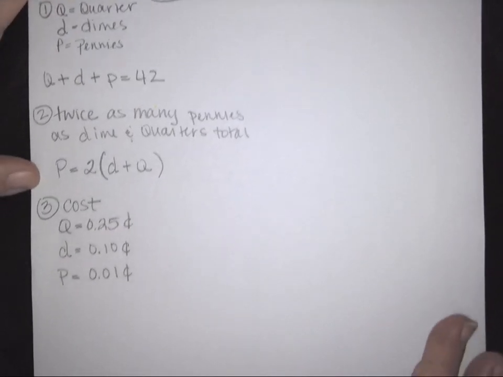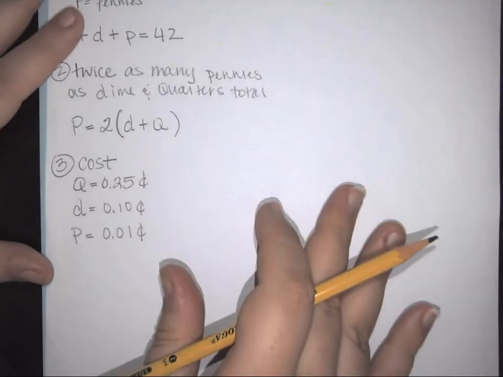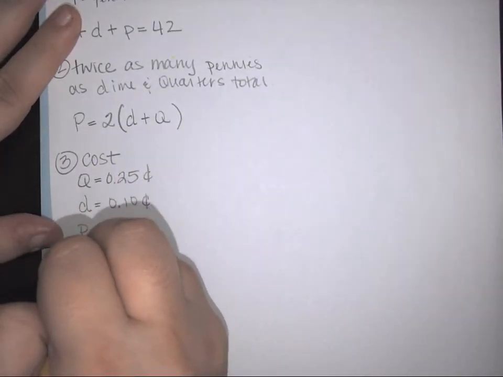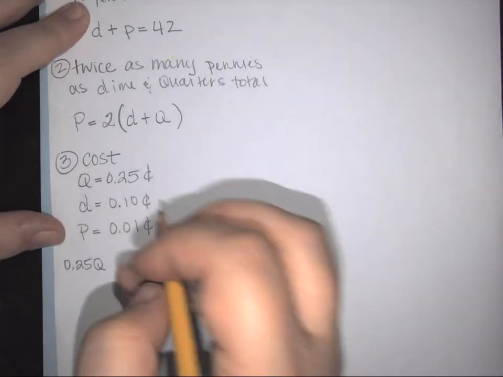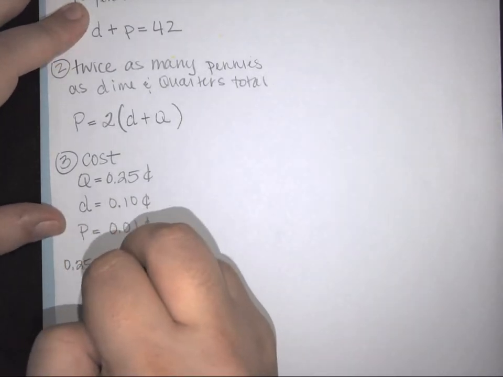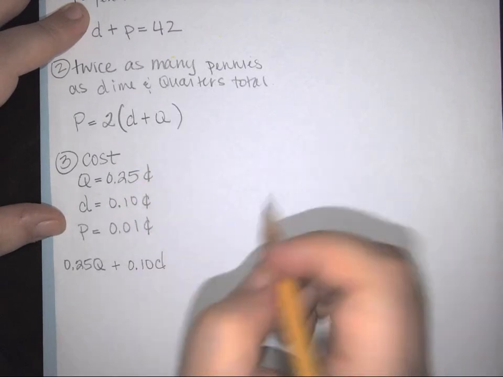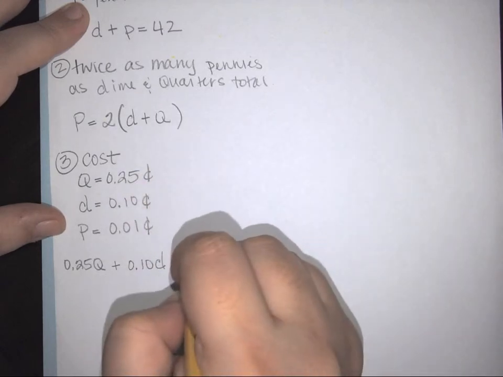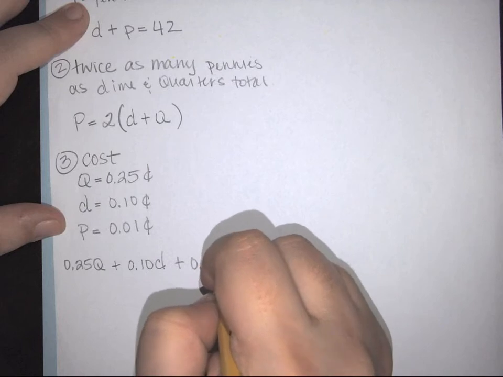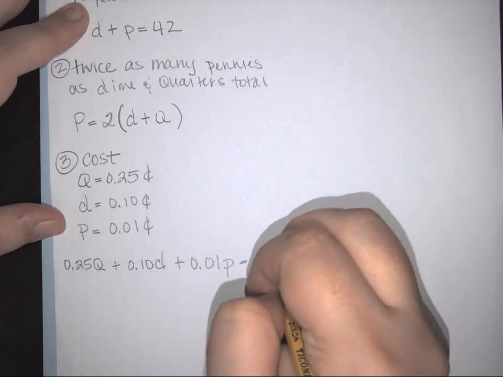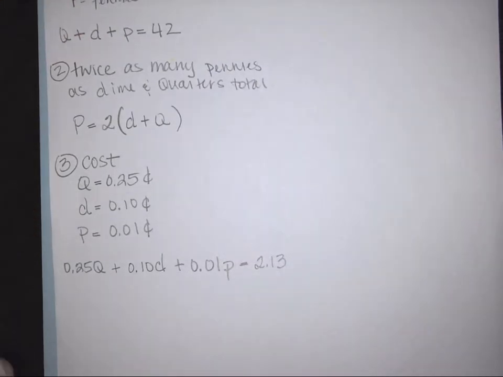So your cost equation has to take that into account, meaning that 25 cents times however many quarters you have plus 10 cents times your dimes plus 1 cent times your pennies has to be the $2.13 that we were given.